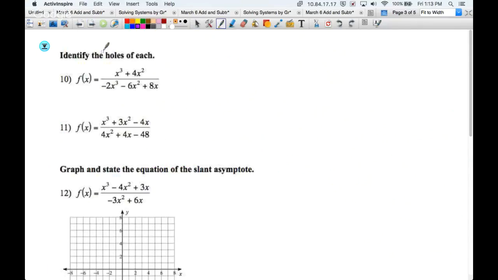All right, holes are factors that do cancel. So again, you've got to factor. A lot of these problems start with factoring, so it's time to get good at that once again. I can pull an x squared out of this, leaving behind an x plus 4.